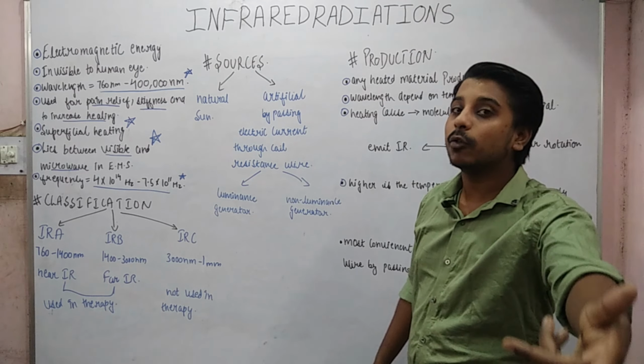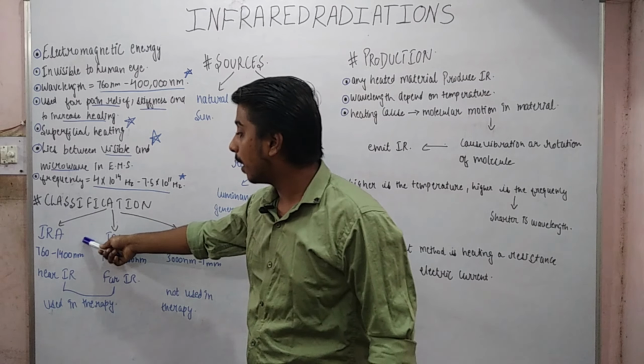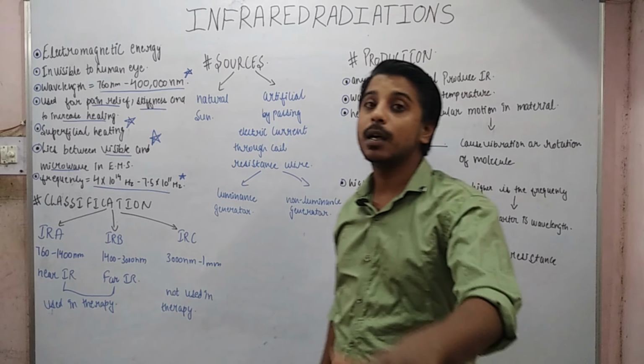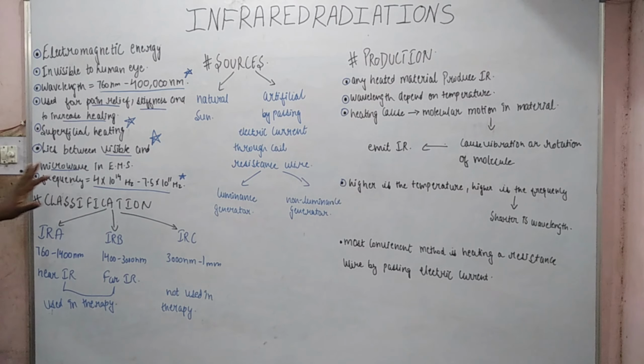A tricky question is that IRA has the shortest wavelength but the highest frequency, and IRC has the longest wavelength but the lowest frequency.